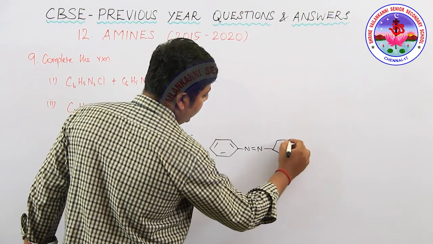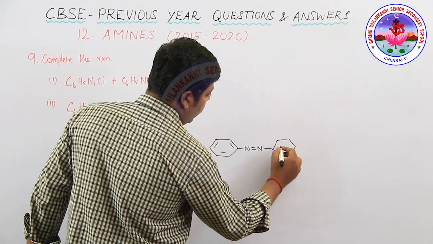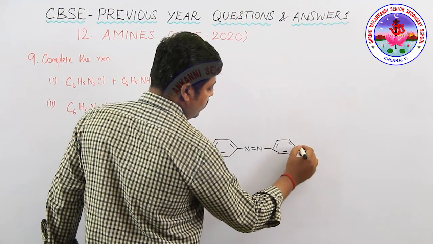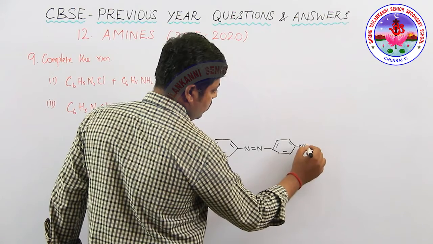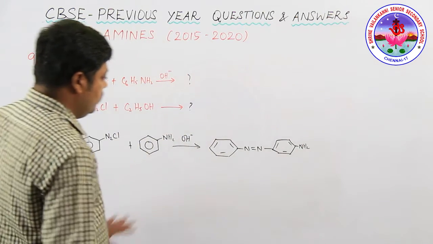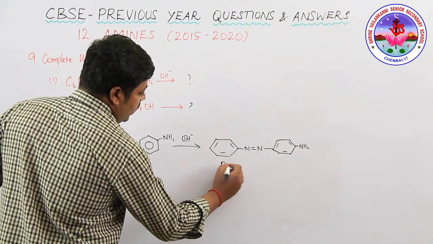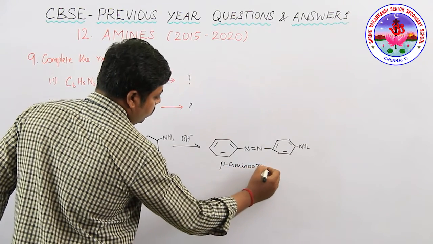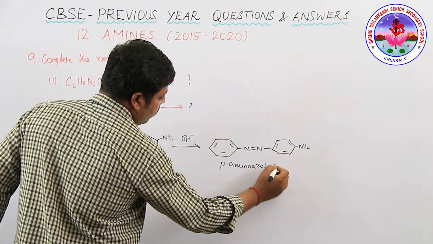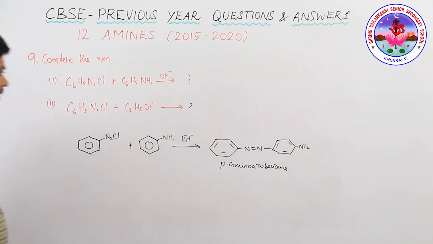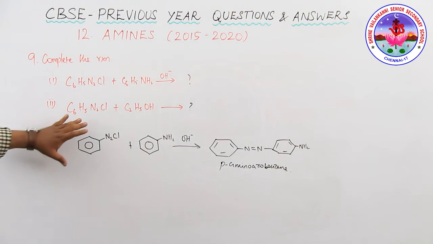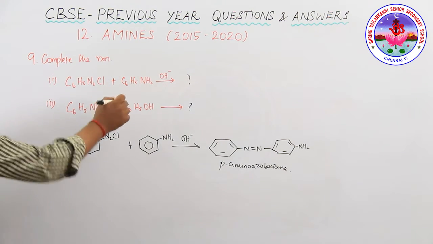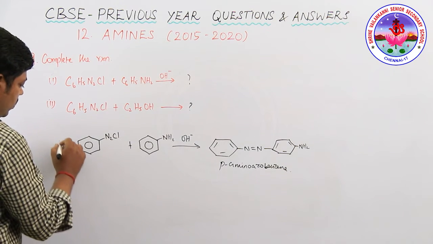So this is the para-aminoazobenzene. This is called para-aminoazobenzene.